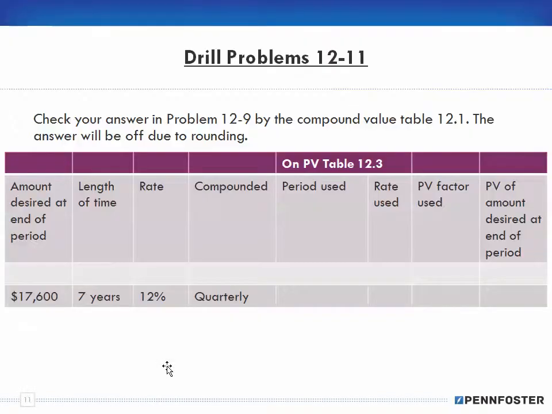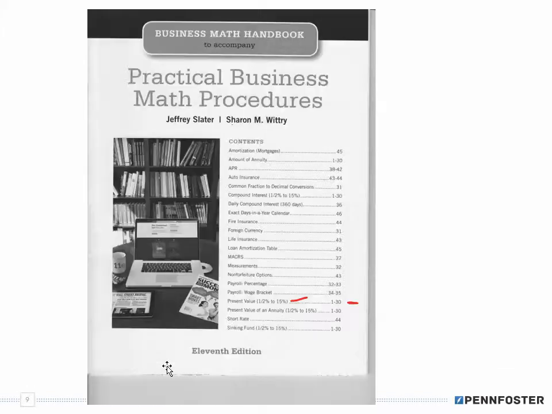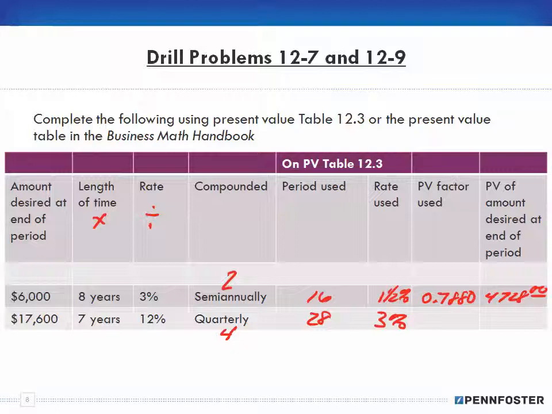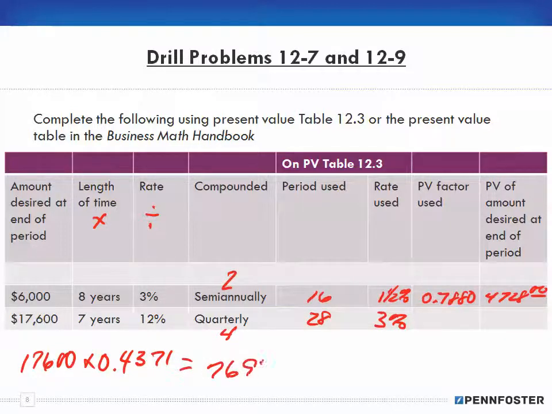So come back down to the problem here. There we go. And so with the problem, we take the $17,600 times the 0.4371 as the factor, and that equals $7,692.96.